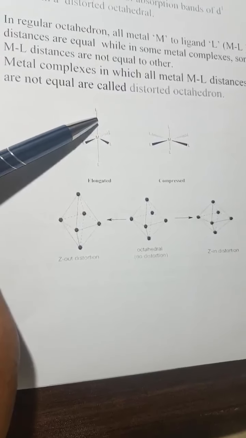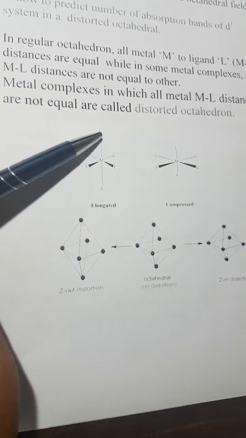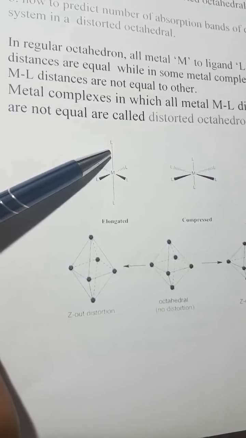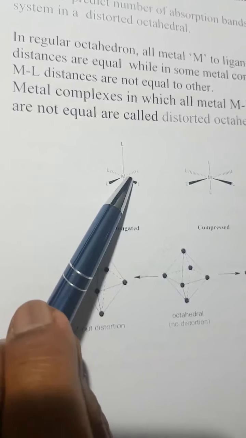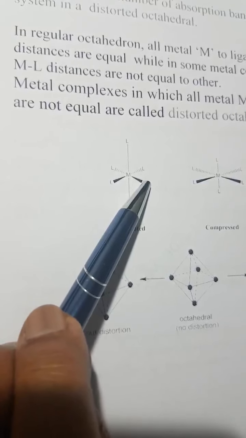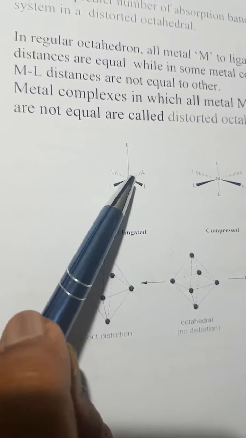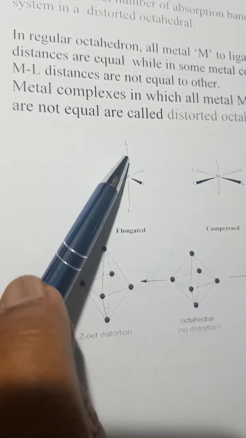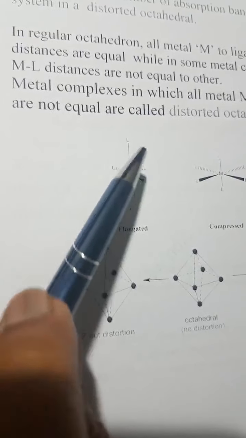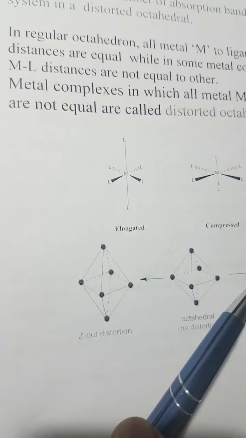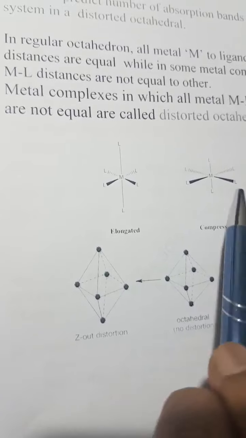This axial distance is longer than the equatorial distances. The 4 equatorial distances are equal. These 2 axial bond distances are longer and equal. This is compressed.